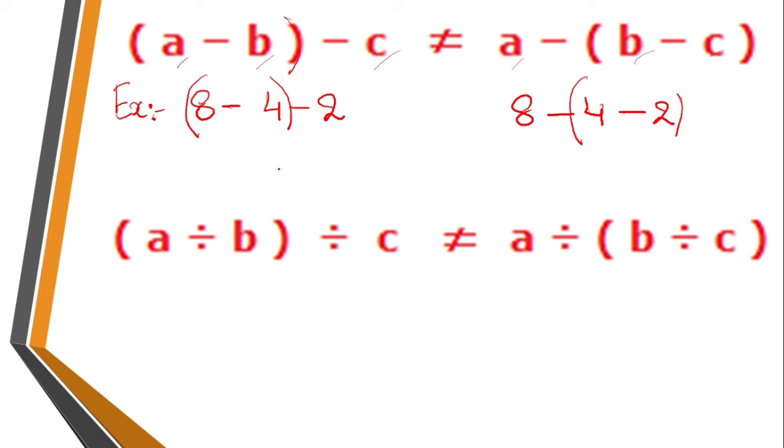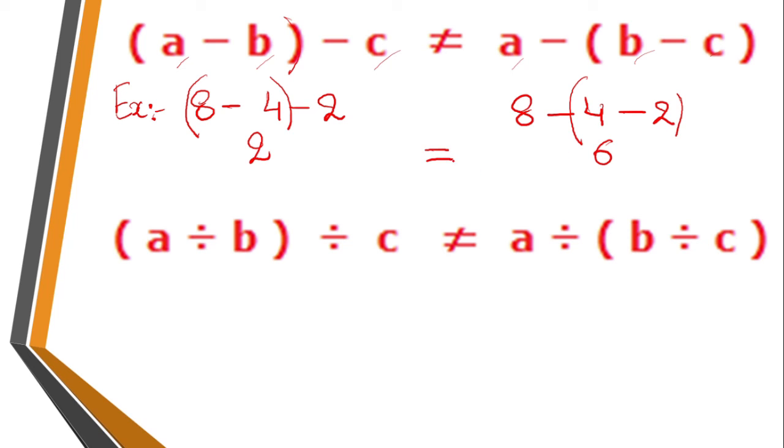So 8 minus 4 is 4 and 4 minus 2 is 2. So our answer will be 2. And here, we will do 4 minus 2 first. So 4 minus 2 is 2 and 8 minus 2 is 6. So our answer here will be 6.